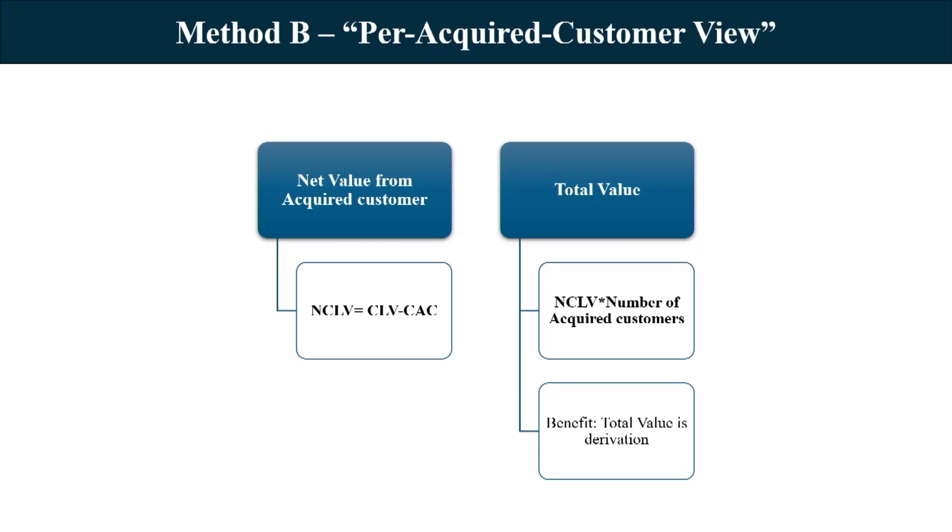So, in this method, the first thing we have to calculate is the net value from the acquired customers. What is the net value from the acquired customer? Net CLV equals customer's lifetime value minus customer acquisition cost, right. So, we have already taken the cost associated with prospecting through customer acquisition cost. How will we calculate the total value? That is NCLV, net customer value, multiplied by the number of acquired customers.